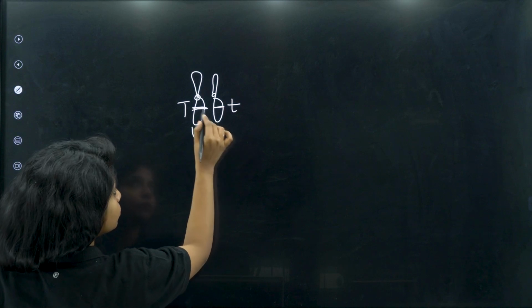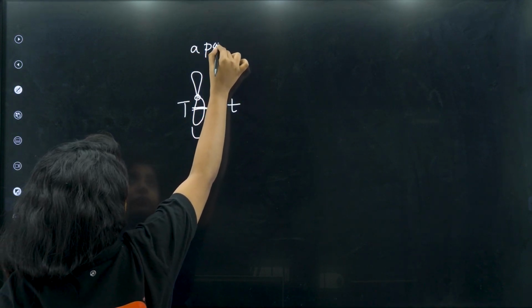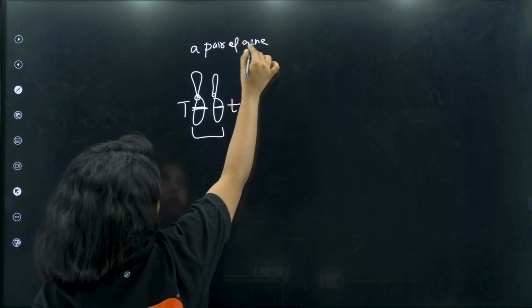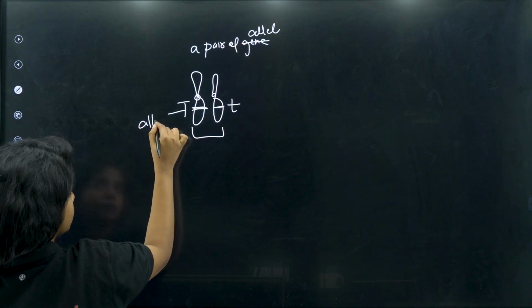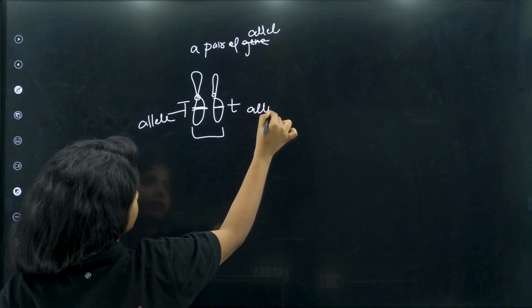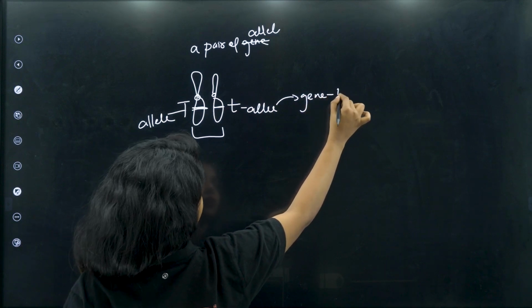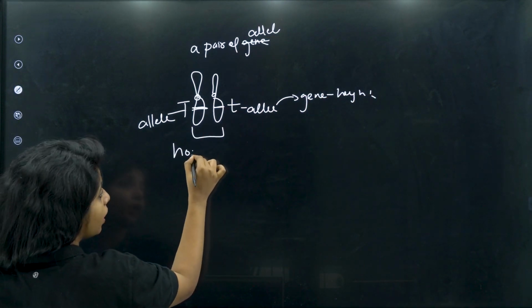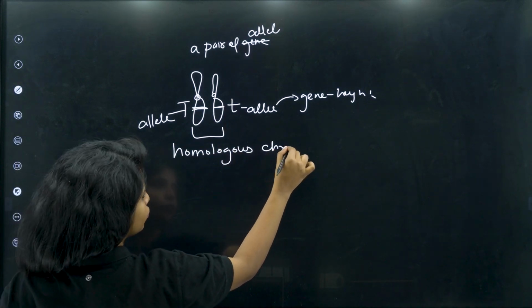These chromosomes which have a pair of alleles, this is an allele, this is an allele for the gene coding for height, right? So these alleles are there on homologous chromosomes.